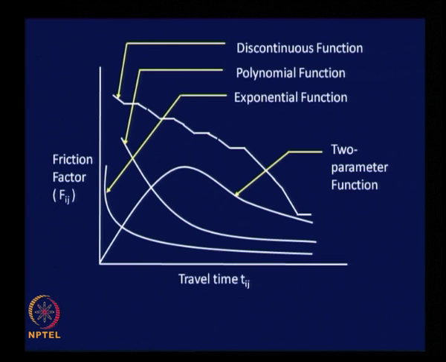That is the only reality. These are all empirical suggestions made based on field observations, right. You cannot explain trip distribution by directly using the travel time between zonal pairs. You need to express it in the form of some function of Tij. Clear?